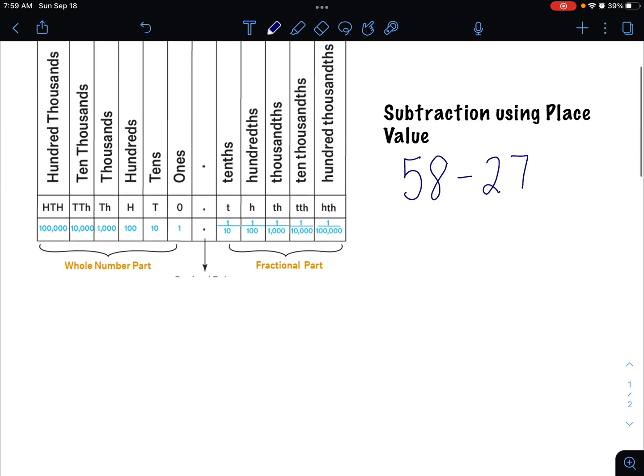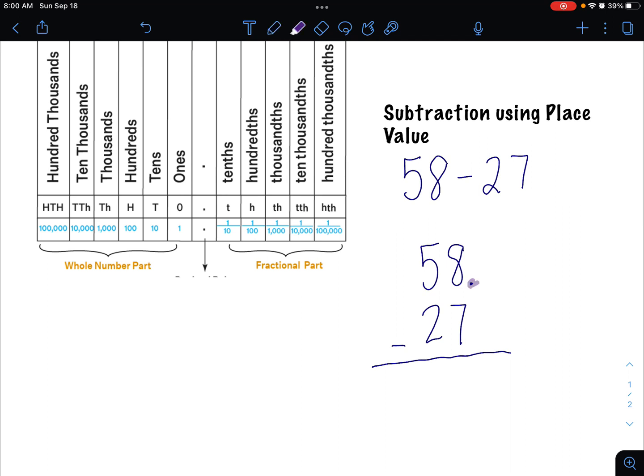Now, a lot of people are going to start by automatically setting that problem up one over the other. We do this because of place value. If we're thinking about 58, we can remember, if we don't see a decimal in our problem, that decimal is to the right of our number.